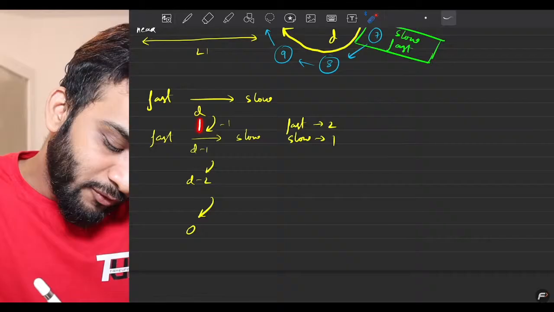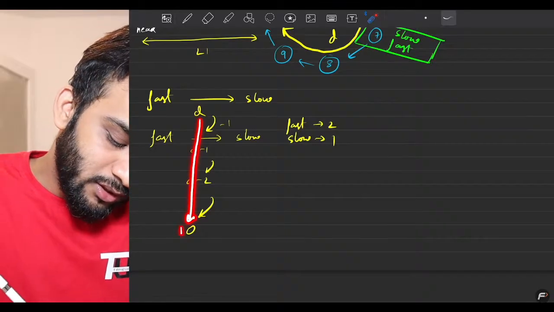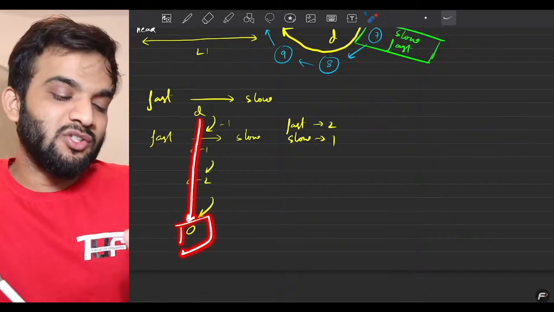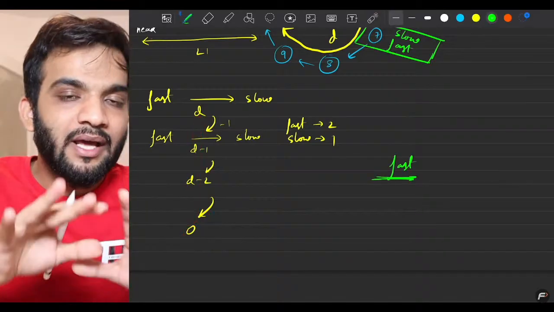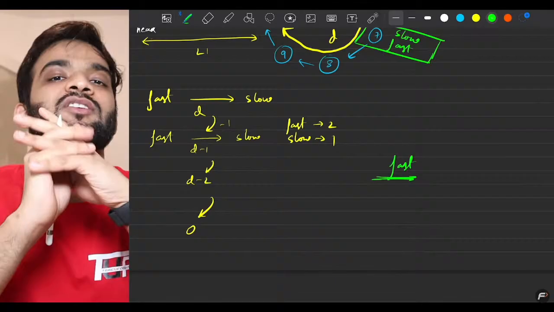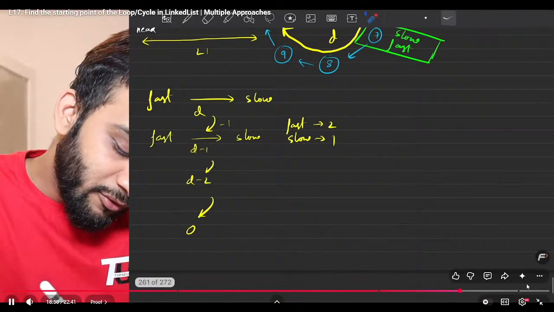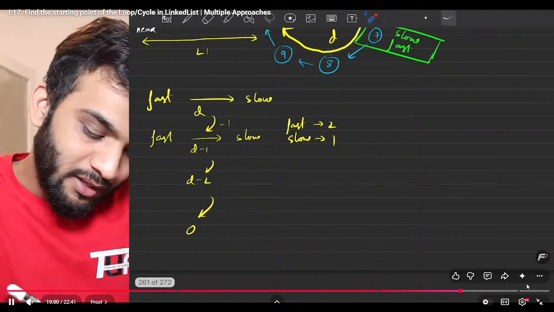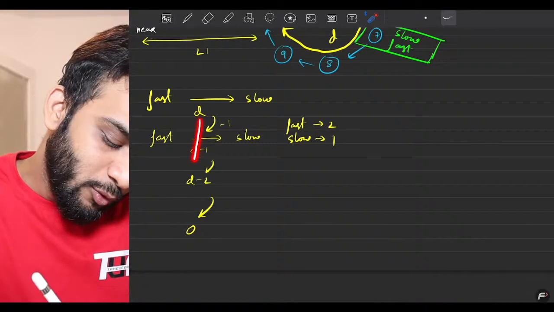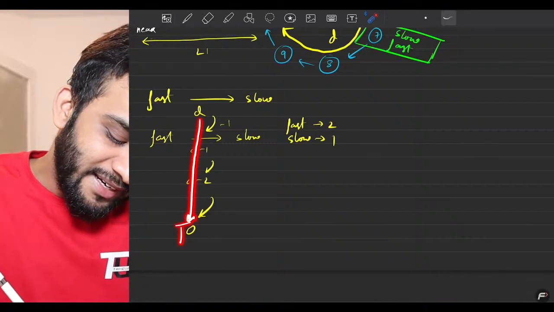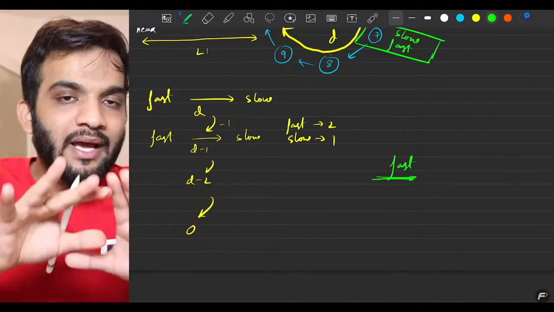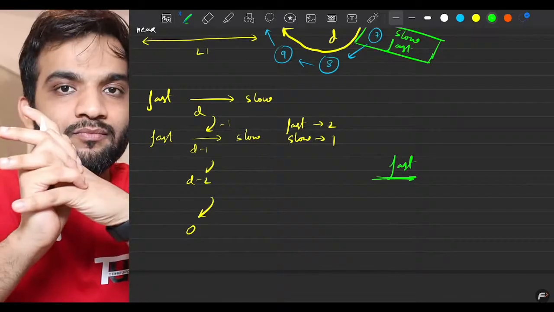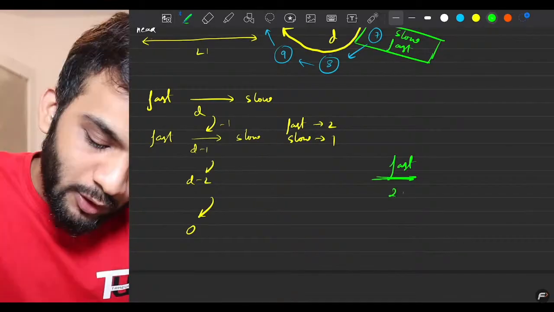When the fast and the slow are moving and eventually the net distance between them is 0, what is the total distance that the fast pointer has covered, if I ask you? It'll be like 2D.